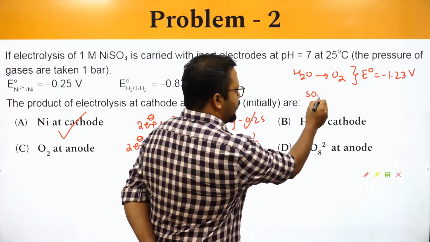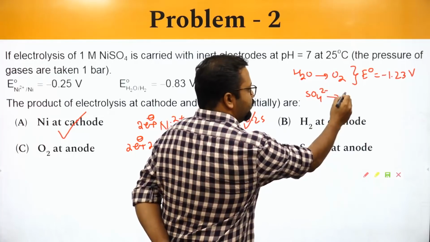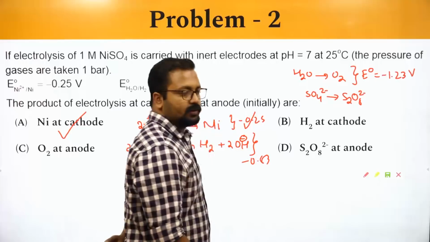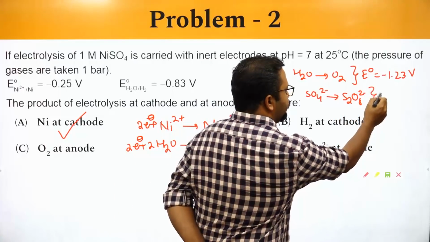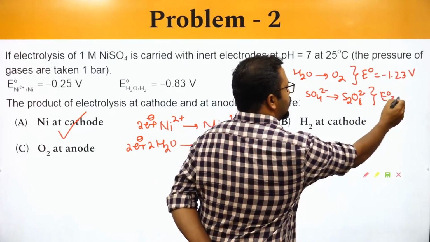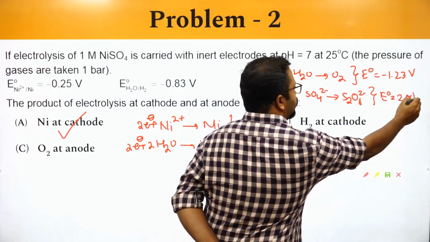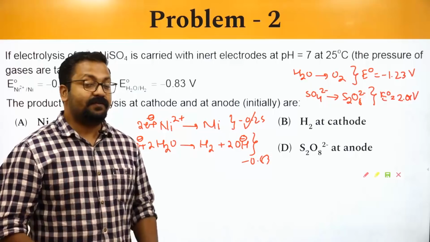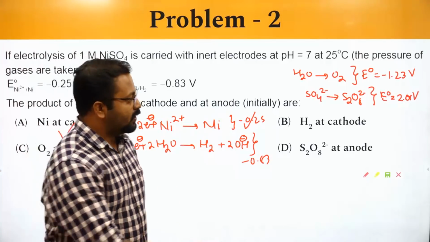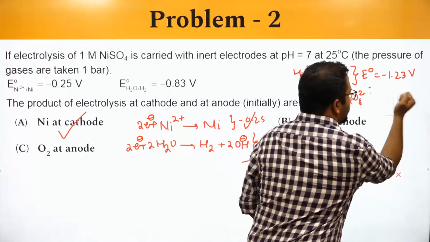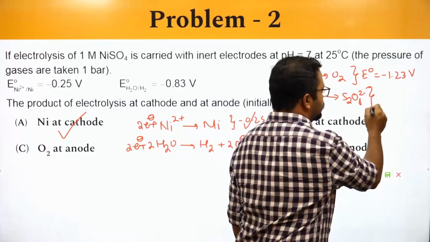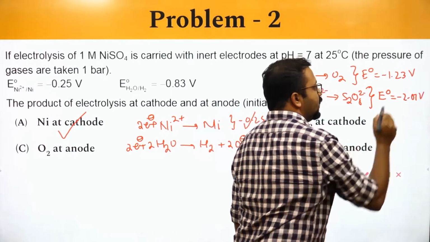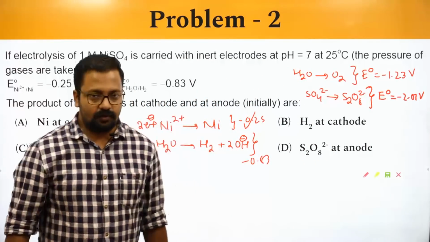Sulfate converts to S2O8 2-, and for that E naught value is minus 2.01 volts. It's a very large value.